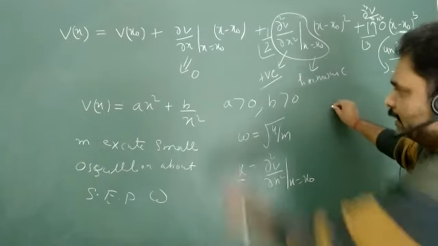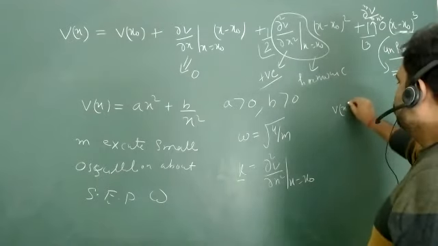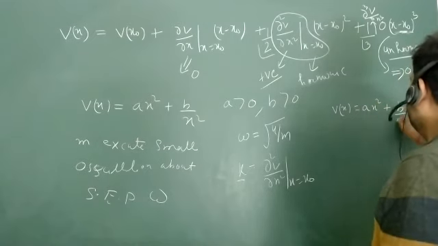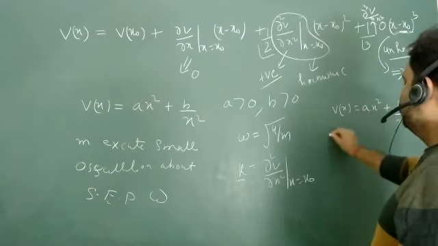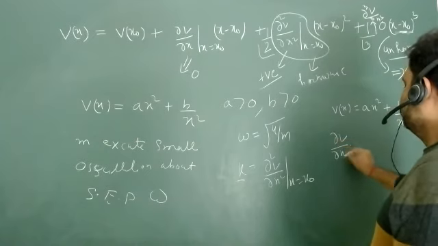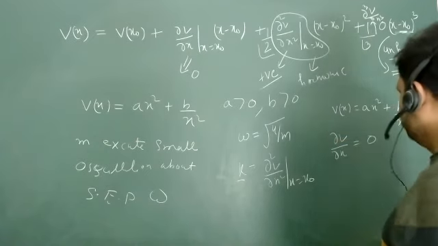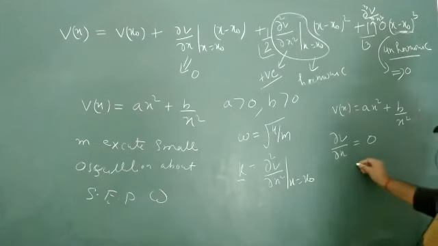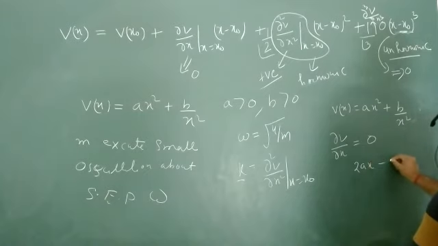So V(x) is a x square plus b upon x square. We can go for the stable equilibrium point, so dV/dx must be equal to 0. Here we can calculate this equilibrium point. So this is 2ax minus 2b upon x cube is equal to 0.